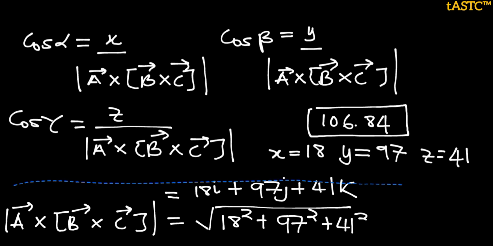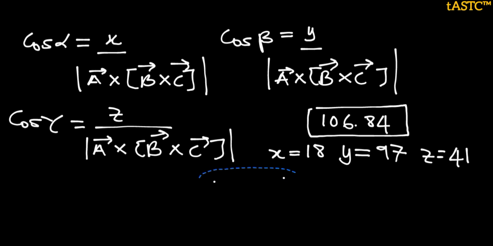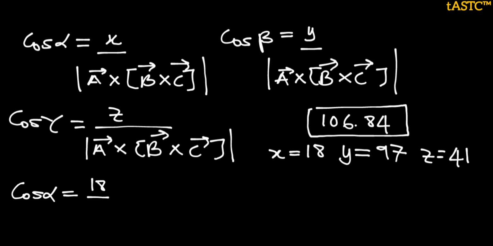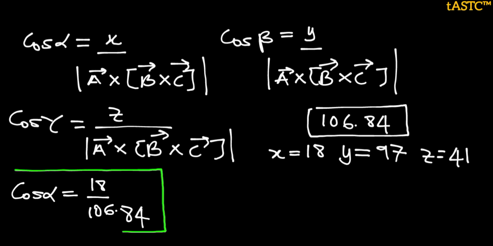So I can take these out now. So cos alpha is going to be x divided by the absolute form. We know x is 18, and the absolute form is 106.84. That is going to be the answer for the first one.